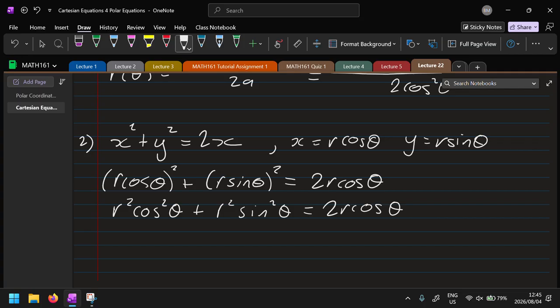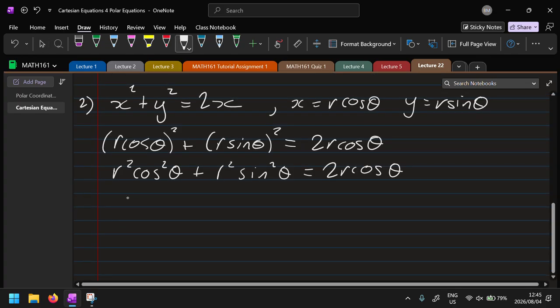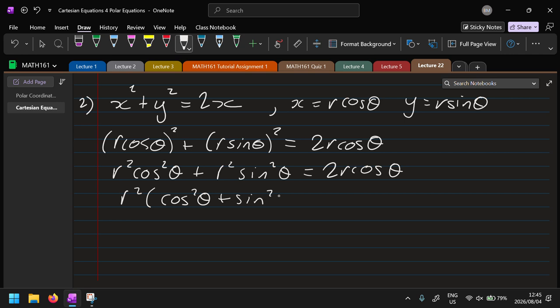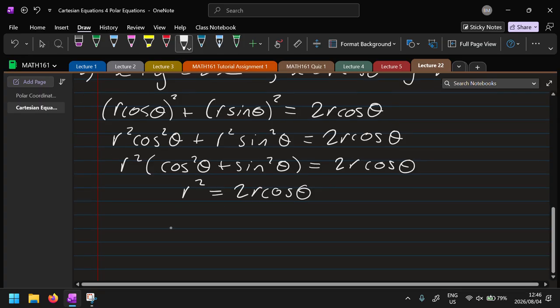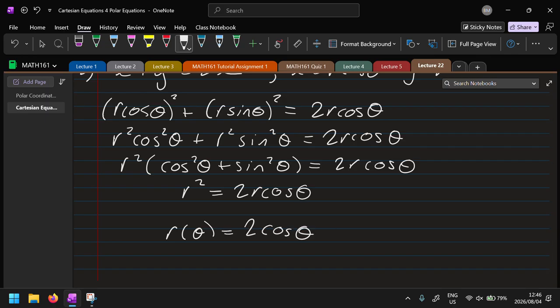On the left-hand side, we've got r squared. That's a common factor. We can take that out. Right side, we can just keep that. Cos squared plus sine squared is 1. We've got r squared on the one side, r on the other. We can cancel. And we get r of theta is 2 cos theta.